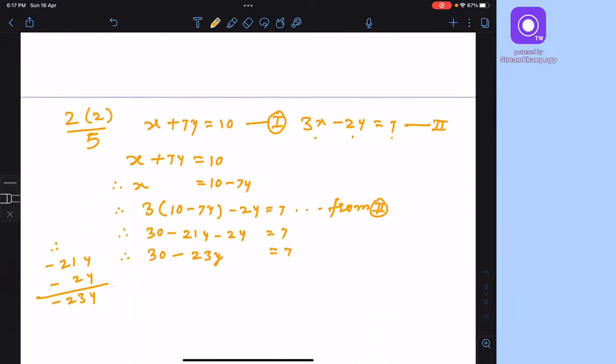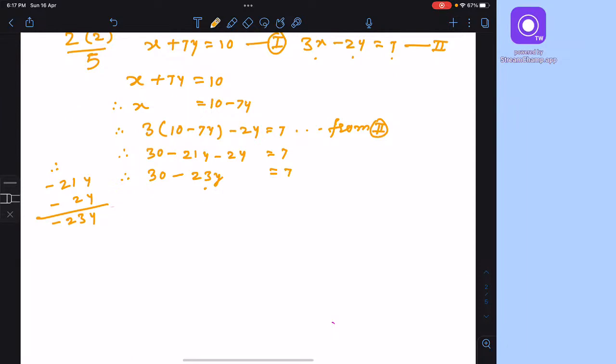So here minus 23y is the term containing the variable that should be on one side and all other terms on the other side. You may keep this term on the left hand side or right hand side as you please. So minus 23y is equal to 7 is on the right hand side, it will not change, and this 30 transposed to the other side, this positive will become negative, and therefore minus 23y is equal to 7 and minus 30. 7 is positive and minus 30 is negative.